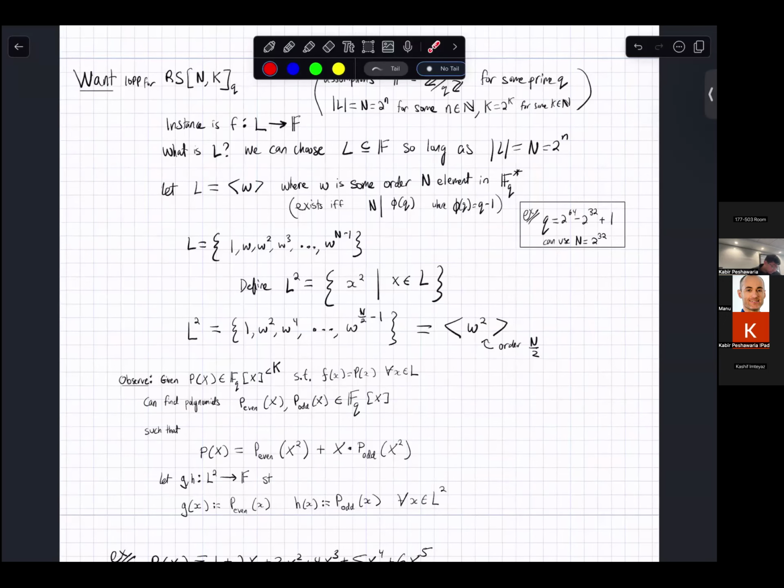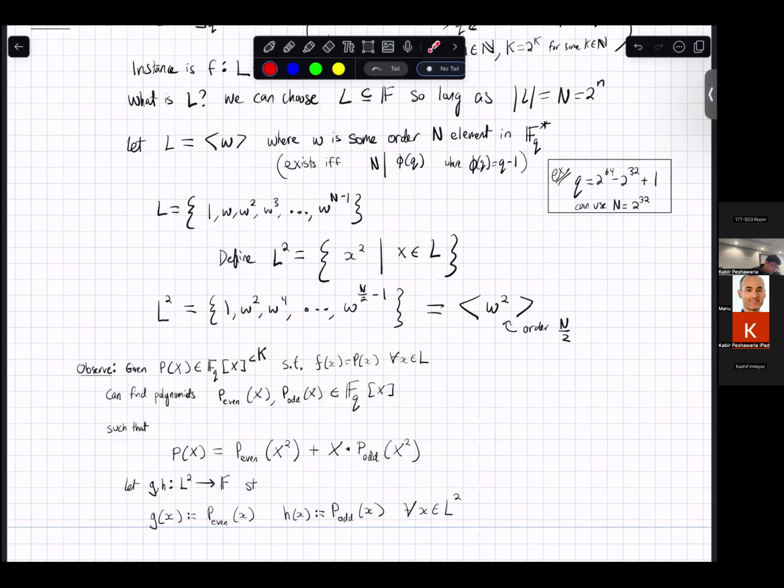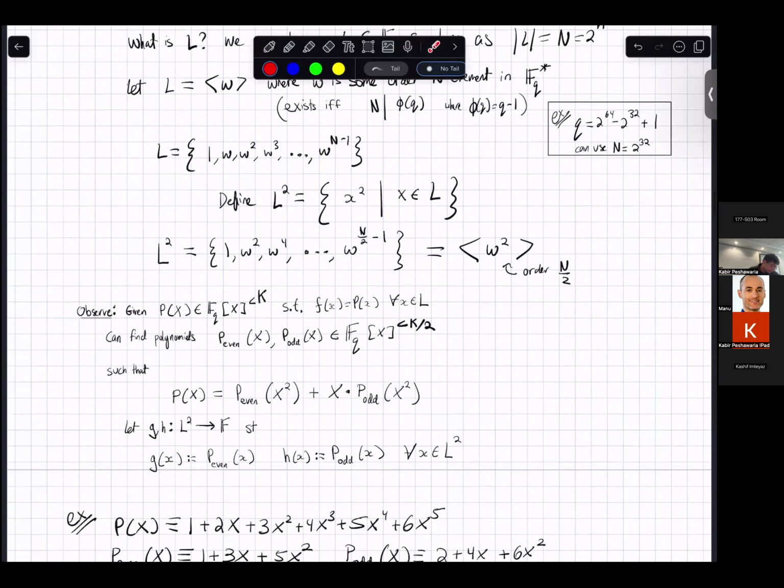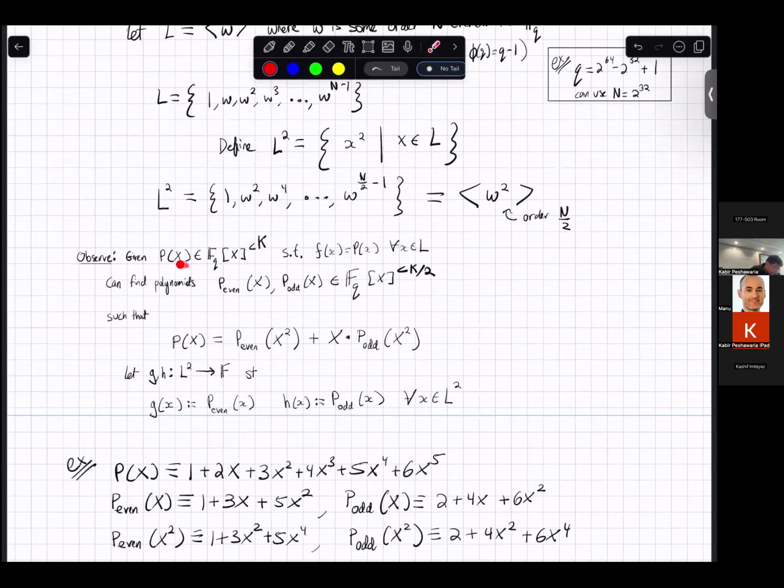Then we can find polynomials, which I'll call P even of x and P odd of x, of degree less than K over 2, such that the following is true. I'm going to let that sink in for a second. If P is of degree less than K, then there are polynomials P even and P odd of degree less than K over 2, such that this relation holds.